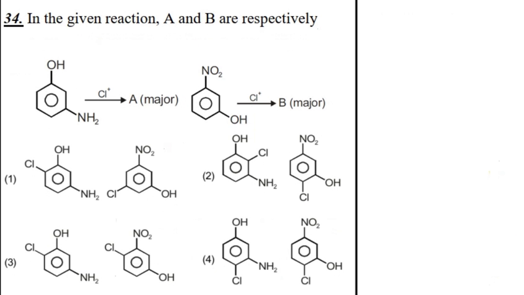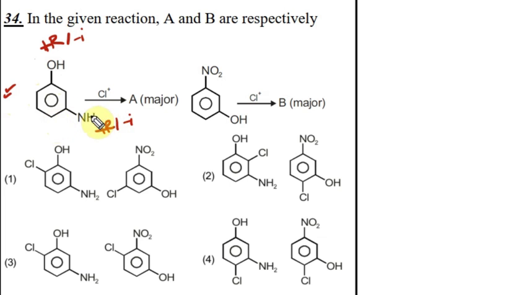34. In the given reaction, A and B respectively are... Cl plus is an electrophile. Where will the electrophile go? This is a plus R group. This is a plus R group. Minus I, minus I. So the plus R group directs ortho; this is good. Its plus R comes here, two plus R come here, this position.